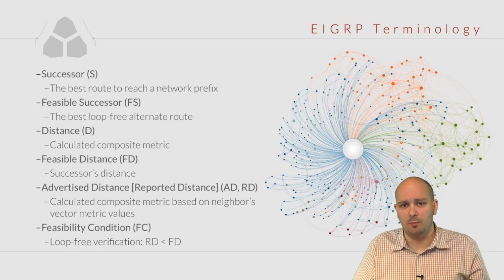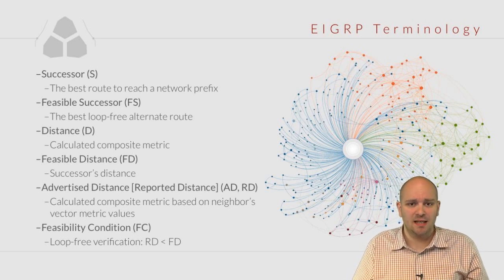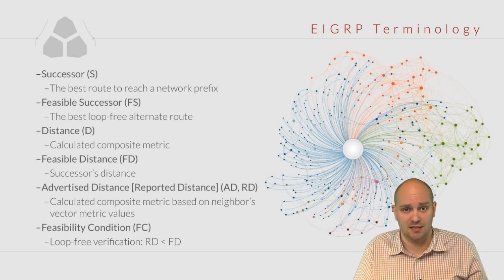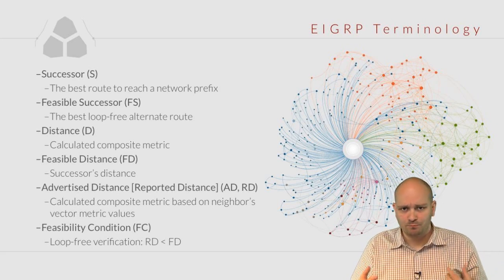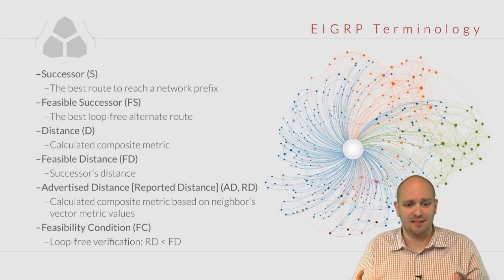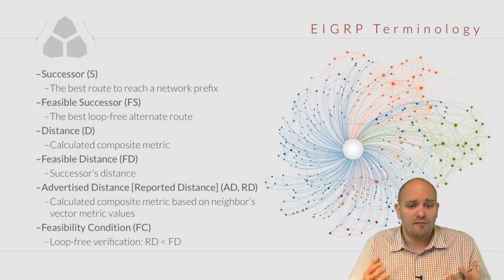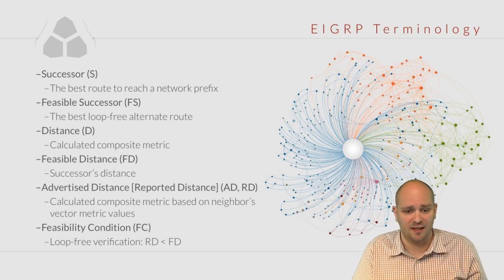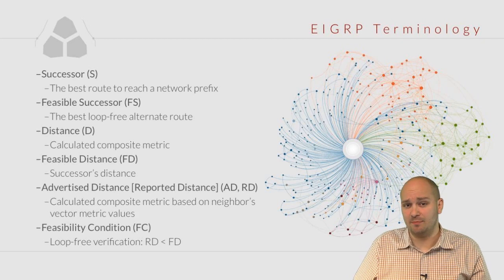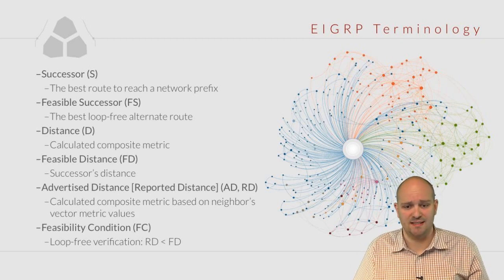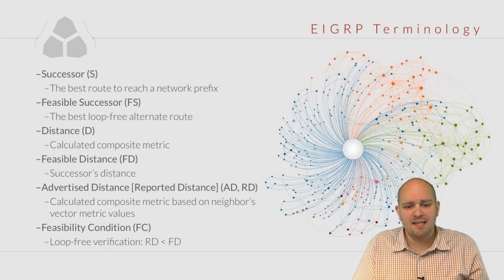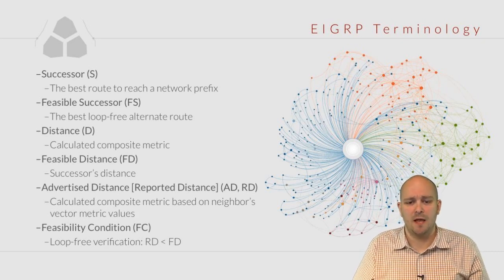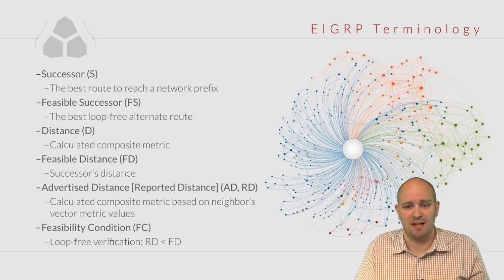Distance is EIGRP's name for a calculated composite metric. Feasible distance is simply a successor's distance. So let's try to get to the bottom of this. Feasible distance, the successor's distance. So feasible distance is simply the calculated composite metric of the best route to reach a particular prefix. Advertised distance, sometimes also called reported distance, or AD or RD, is a calculated composite metric based on the neighbor's vector metric values.